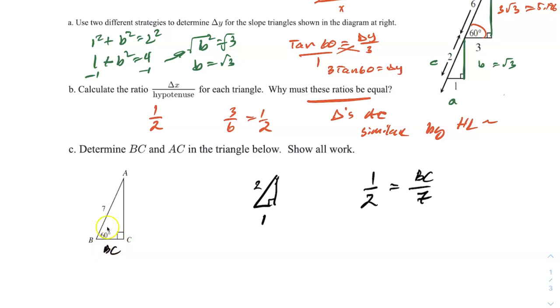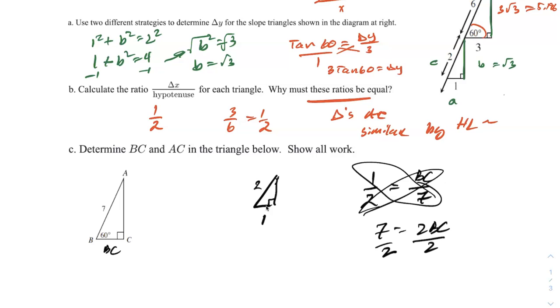Right, this side over this side should be 1/2. So then we could solve it. I'll cross multiply. 7 equals 2BC. Then divide by 2. So 3.5 equals BC. So this is 3.5.